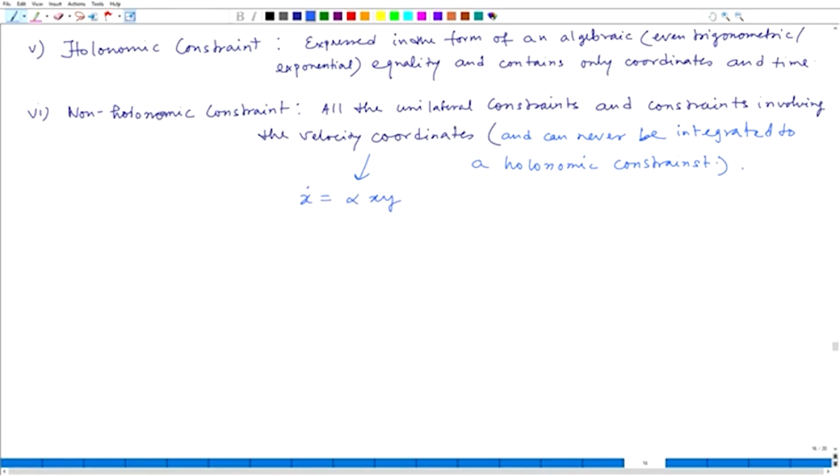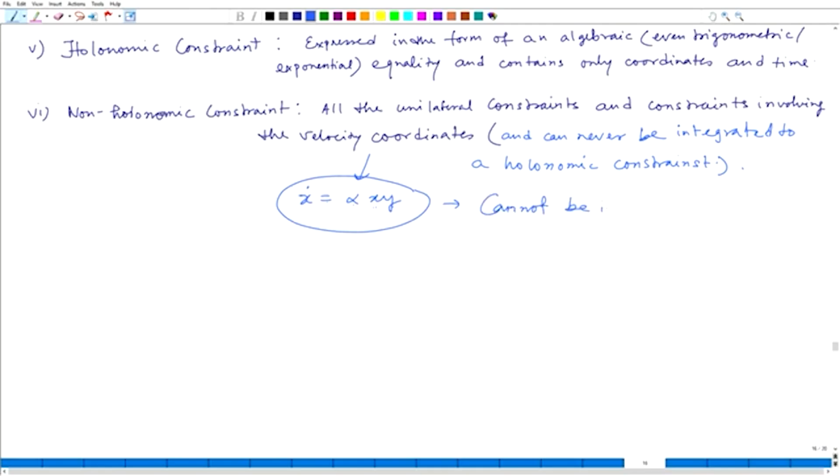I say that the motion of a particle is such that, let us say in a plane x y, that its x coordinate of the velocity is proportional to x y, that is the product of x and y, then you cannot integrate.